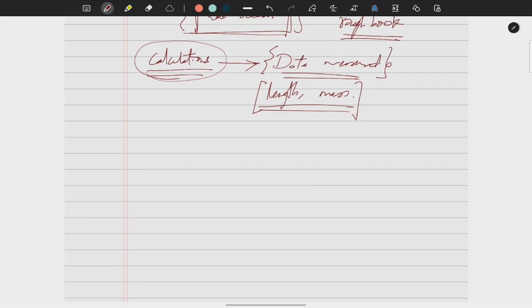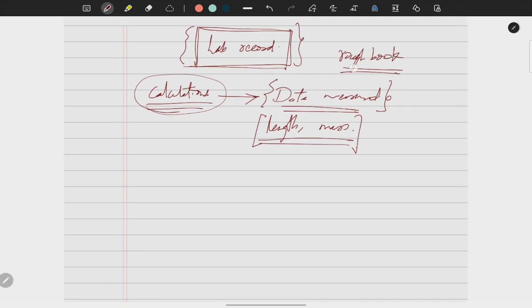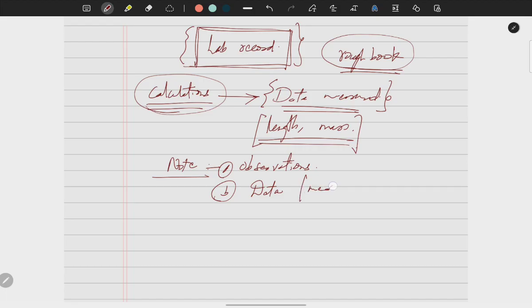What we need the rough book for is that once you perform the experiment, you are supposed to note a few things. You note some observations, some interesting things that you felt or perceived in the experiment, and then you enter the data that you measured using the apparatus.